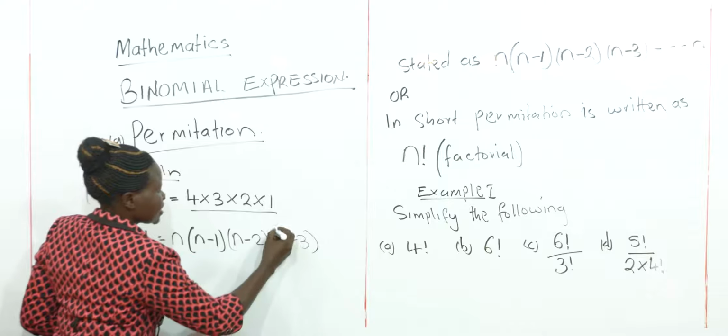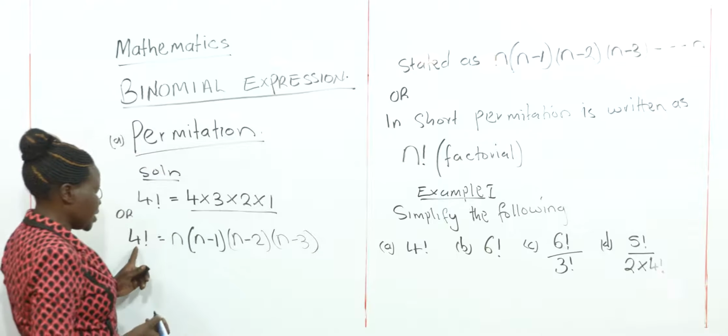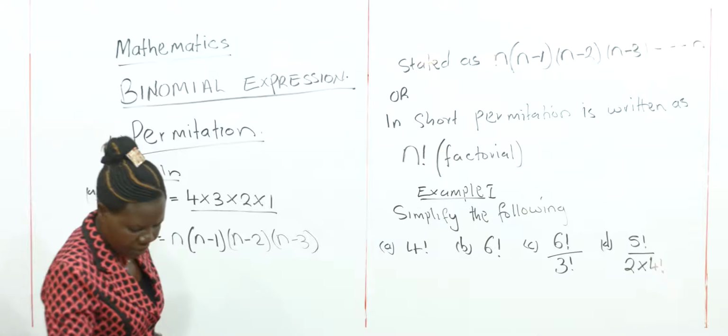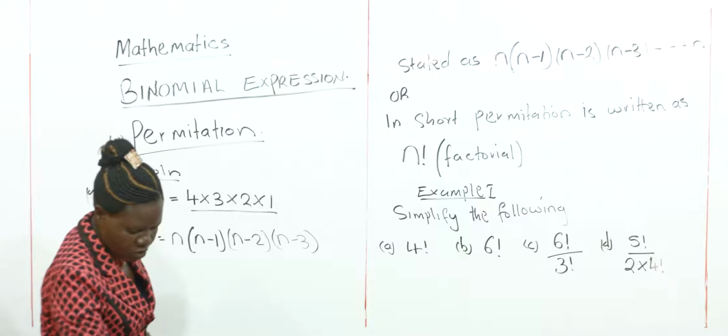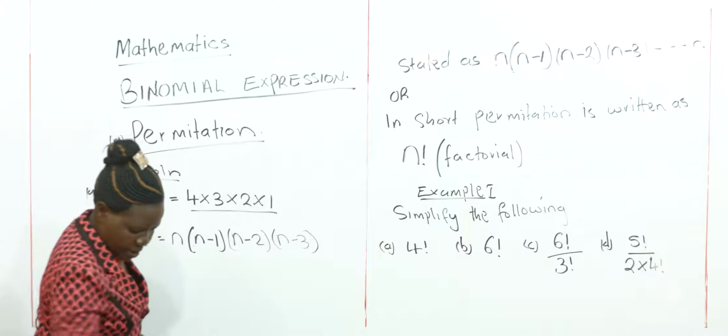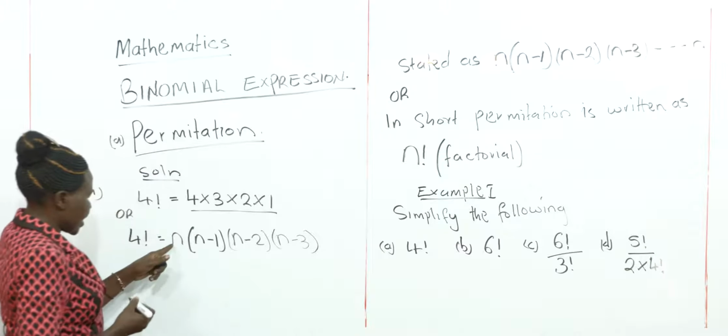So you move the steps depending on how many elements you have. So here we have 4 elements. That means you are also going to descend, to move 4 steps backwards. So 4 steps backward. Then now we come and substitute.